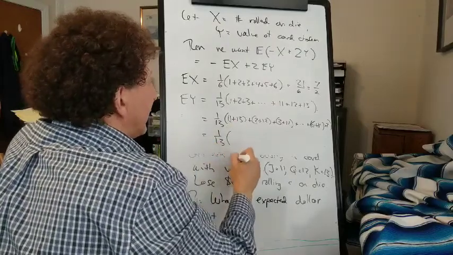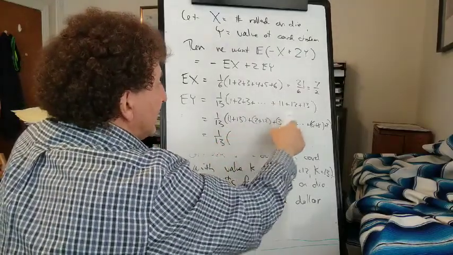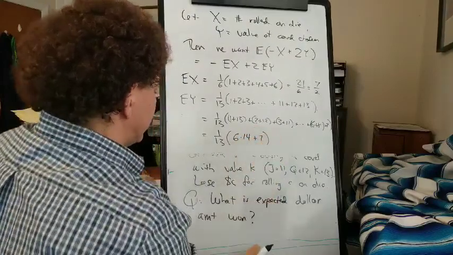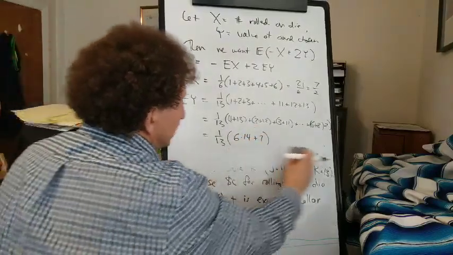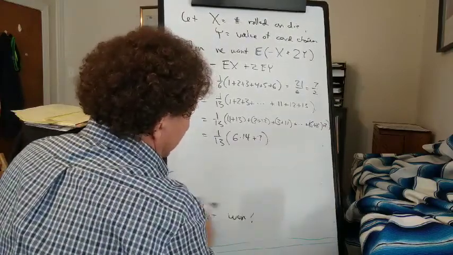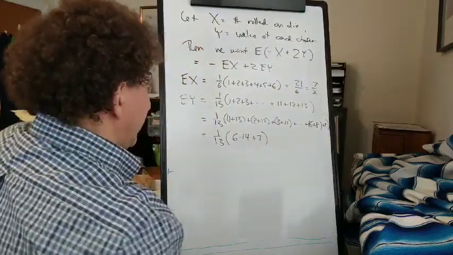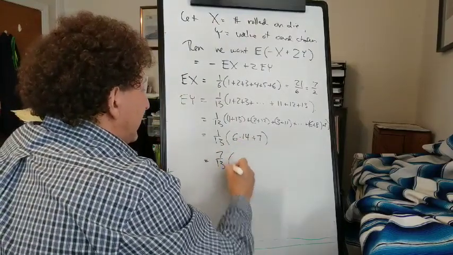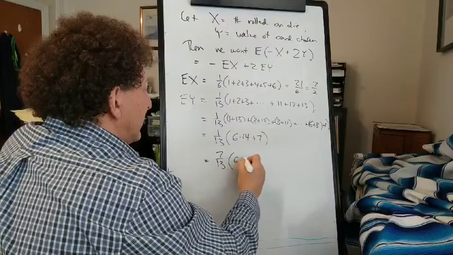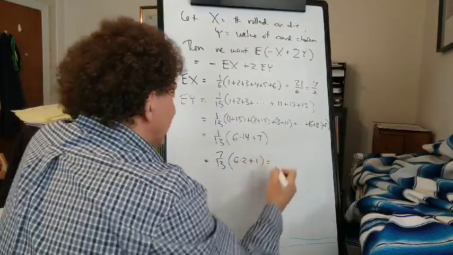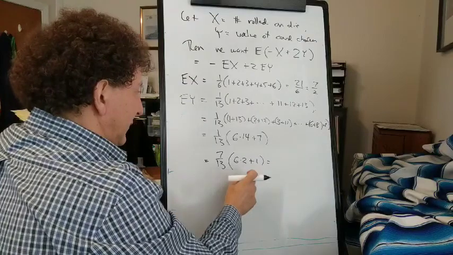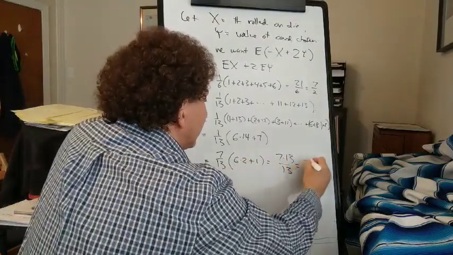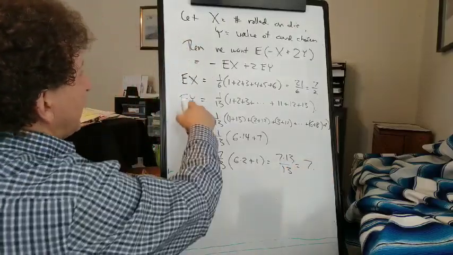So it's 1/13 of 14 plus 14 plus 14, 6 14s, plus 7. Let's factor out a 7. Equals 7/13 times 6 times 2 plus 1, which is, well, that's convenient, that's 13. 7 times 13 over 13 is 7. Okay, so the expected value of y is 7.